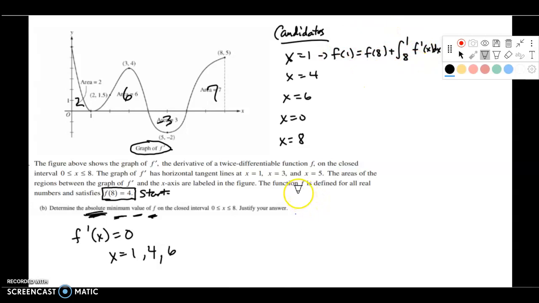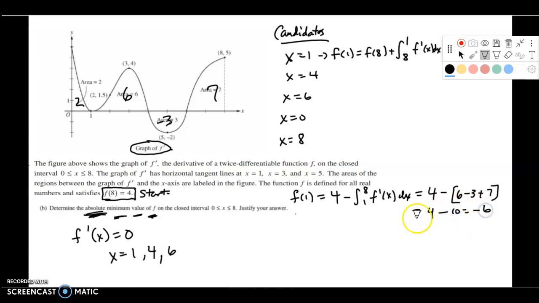All right, so f of 1 is going to be f of 8, which is 4. Now the bounds are backward, minus the integral from 1 to 8 of f prime x dx. So that's 4 minus whatever's going to be in the quantity from 1 to 8. So in there we have 6 minus 3 plus 7, which is 4 minus 10, negative 6.